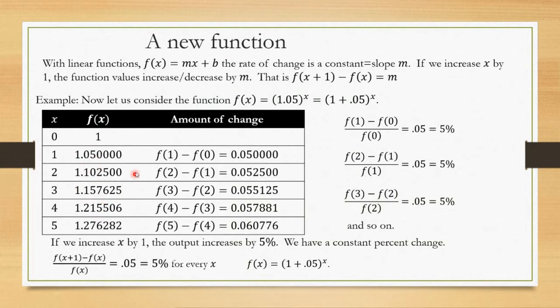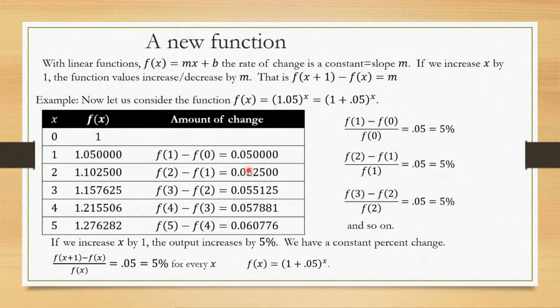Okay. And by now you probably saw this column. So here I'm looking at by how much the output is changing. Well, here you can see it's increasing by 0.05 as x goes from 0 to 1. As x goes from 1 to 2 here, the function output is increasing by this amount, which is not the same as this.